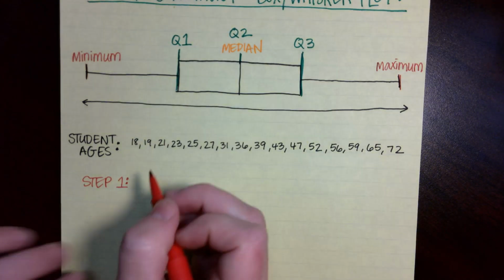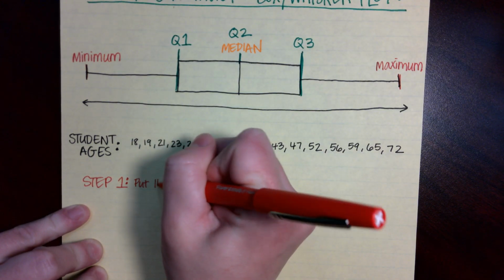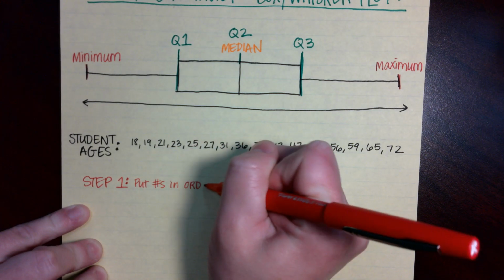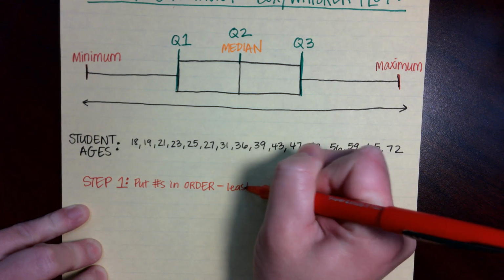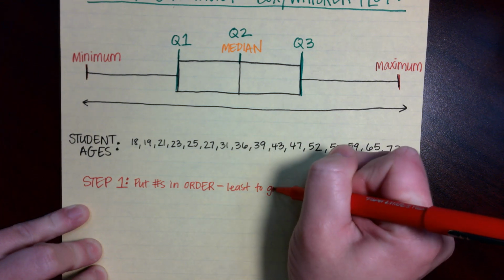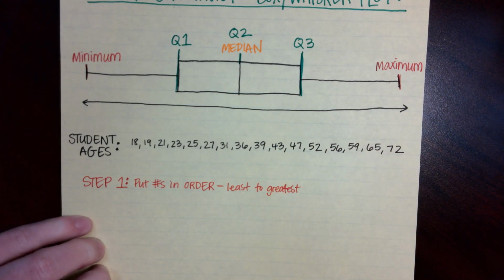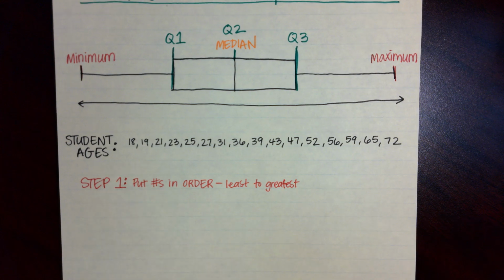Okay, so step 1, put numbers in order, least to greatest. Okay, and our data is in order.